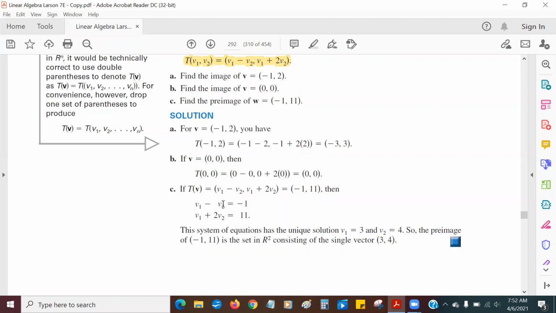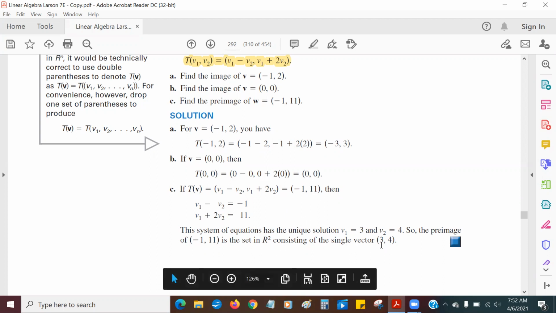So v1 minus v2 is my first component, -1, and v1 plus 2v2 is my second component, 11. Now we just do a regular good old-fashioned system of two equations in two variables, and we get v1 is equal to 3, and v2 is equal to 4. 3 minus 4 is -1. 3 plus 2 times 4 is 11. So the pre-image of -1 comma 11 is the vector 3 comma 4.